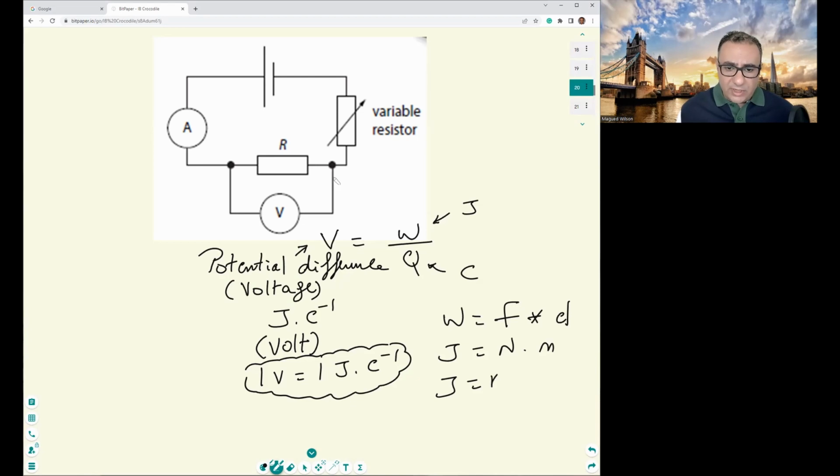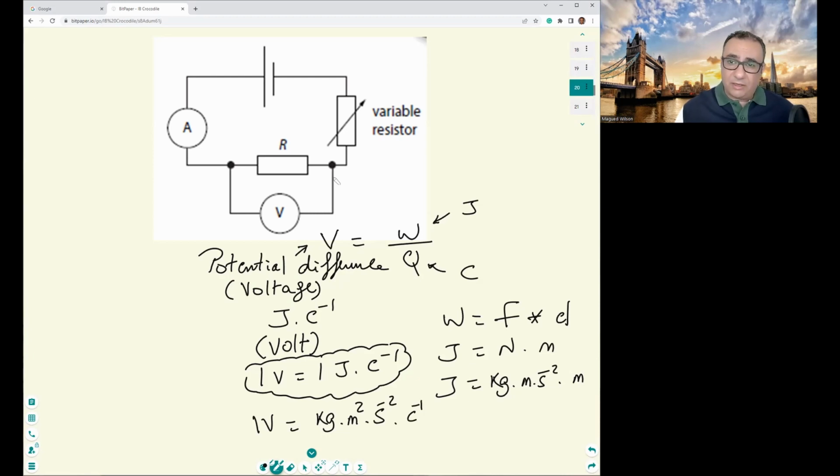So Newton is kilogram times meter second minus 2, and then we have meter there. So 1 volt now is going to be 1 kilogram meter squared, because we have 2 meters here, second minus 2, and then Coulomb minus 1.